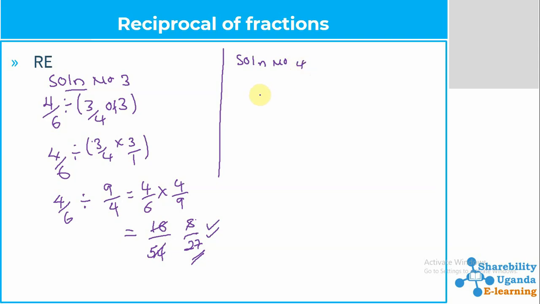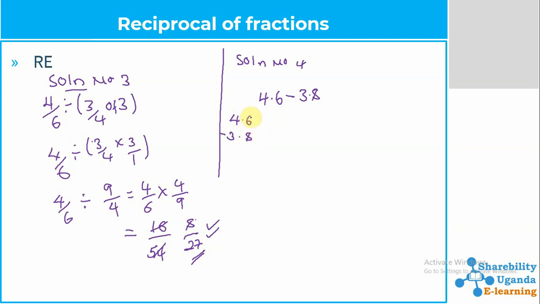number 4. We had decimals: 4.6 minus 3.8. Okay, so these are just decimals. Then what we can do, we can first change them if we mind. This is the same as 4.6, we subtract 3.8.